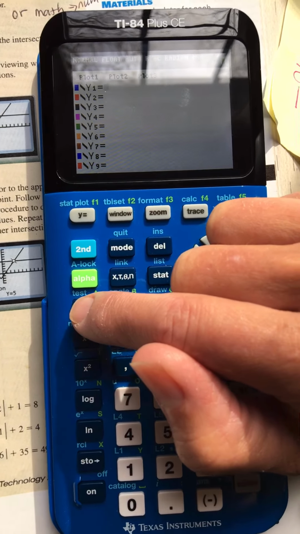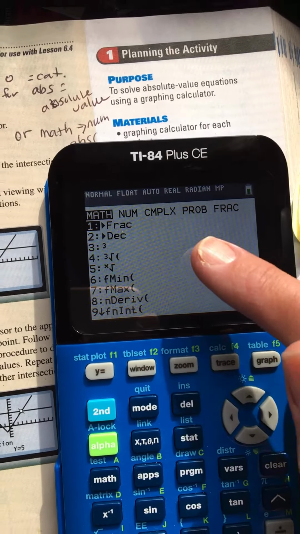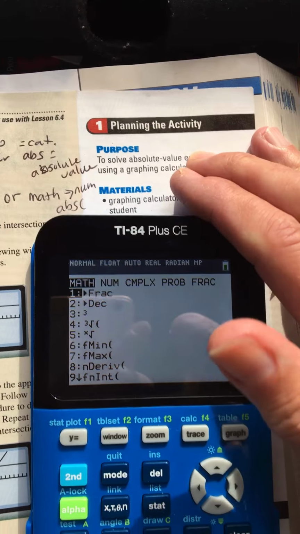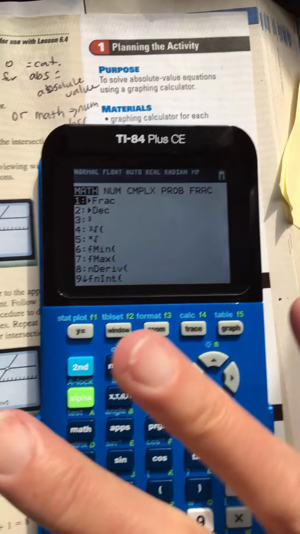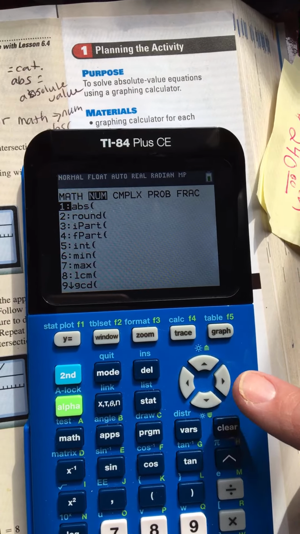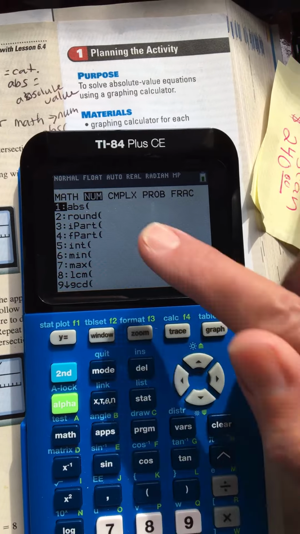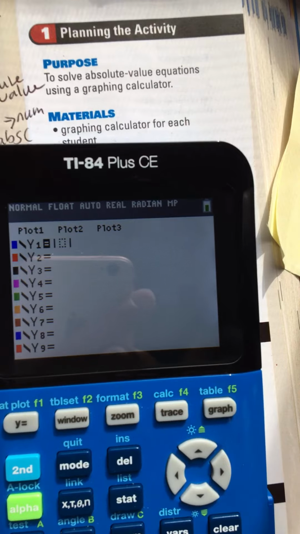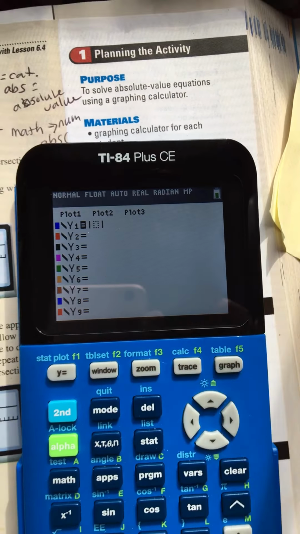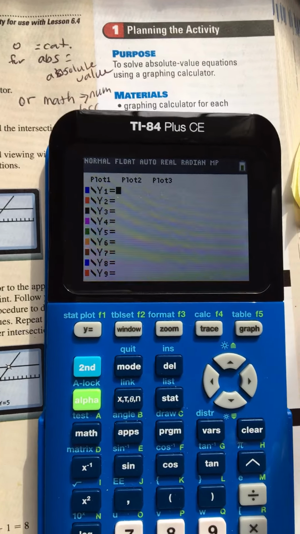I push the math button, go over to num for number, and number 1 is abs, absolute value. I hit enter to select it, and there I've got my absolute value bars.